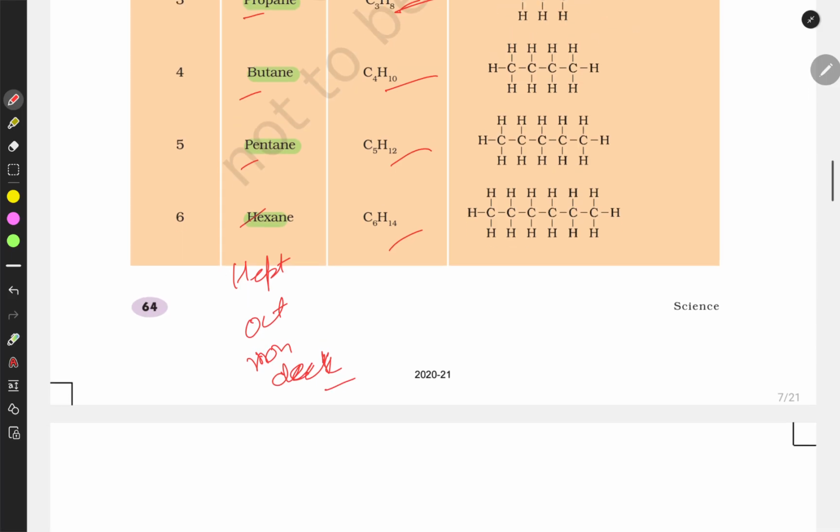So these are the names, called prefix, and these are called suffix.